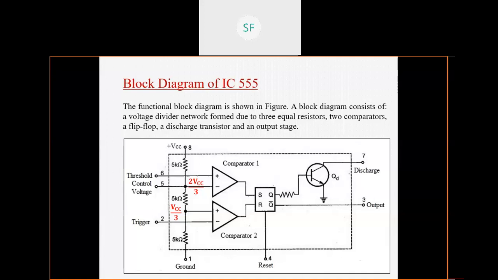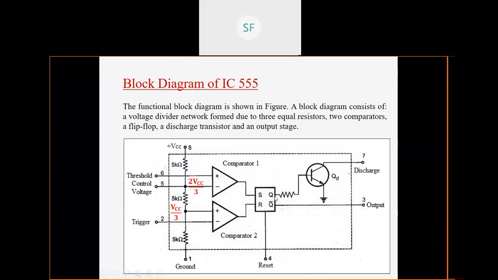NPN, right. This transistor is NPN. Why? Because this arrow is outward. If it were inverted, it would be PNP. So this NPN transistor is called the discharge transistor, Q suffix D. We will see why it is called discharge after a while.